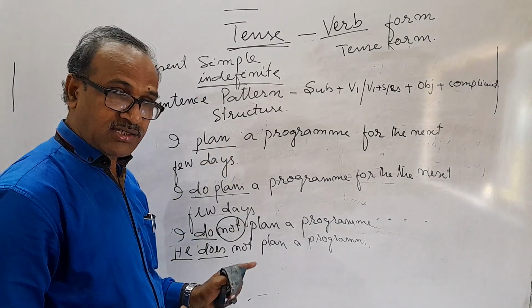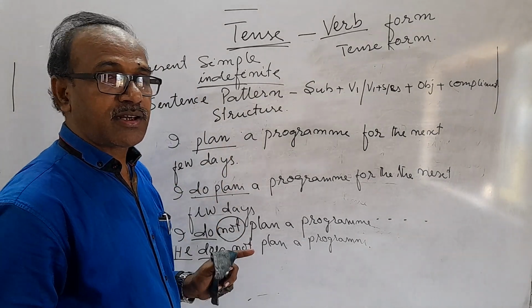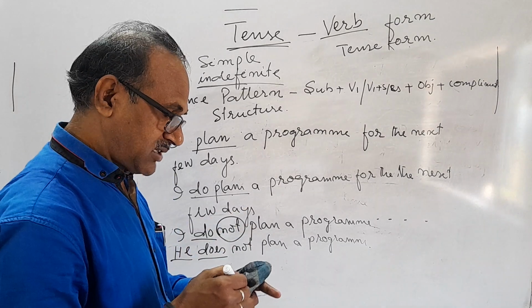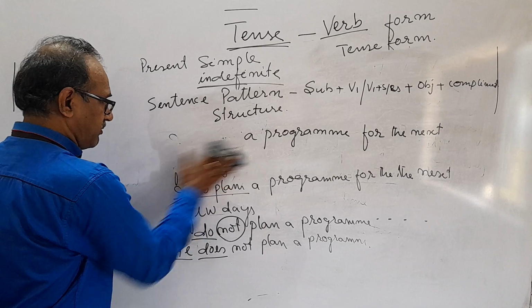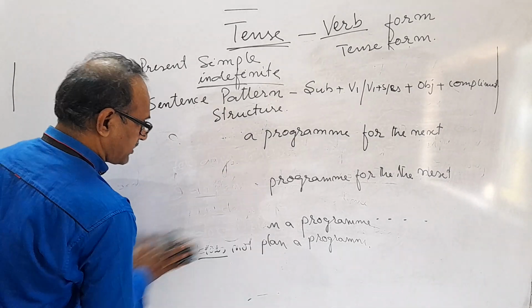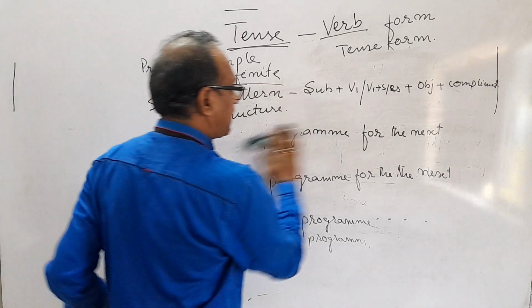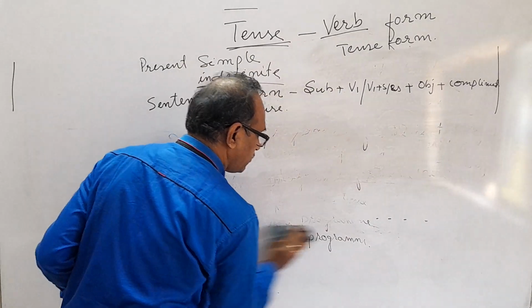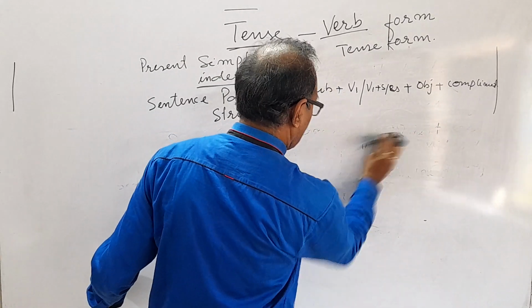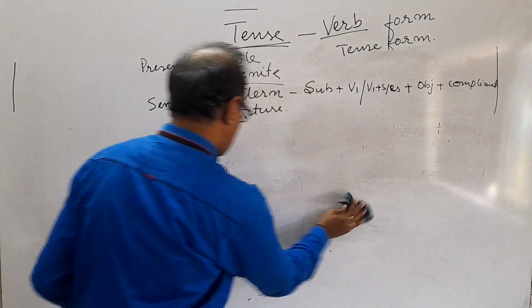Okay, and this is one case when we are making any sentence into negative, and the same thing we have to follow in case of interrogative. Okay, let us take some examples to understand this better. So in case of interrogative, what should you do?